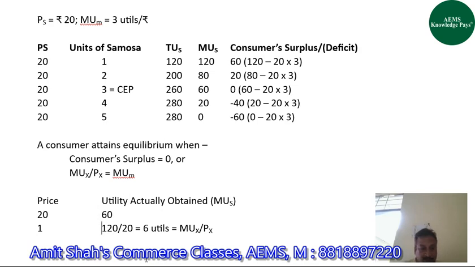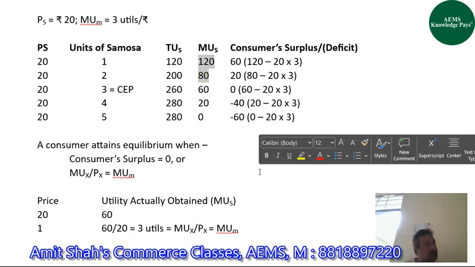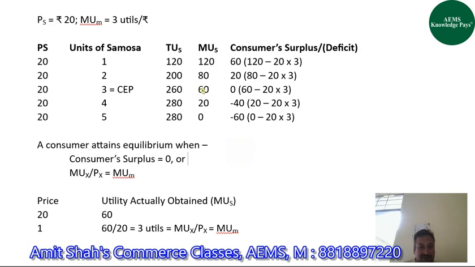So for each rupee he got 60 divided by 20, that is 3 utils, and this is equivalent to his MUM. It means for each rupee of price he is obtaining 3. Here it was 6, here it is 4, here it is 3. Since here it is 3, which is equal to MUM, this would be his equilibrium point. Have you got me or not?